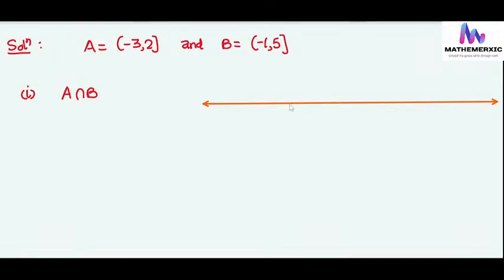Let us say this is 0, and this is minus 1, minus 2, minus 3, minus 4, like this, and we have 1, 2, 3, 4.